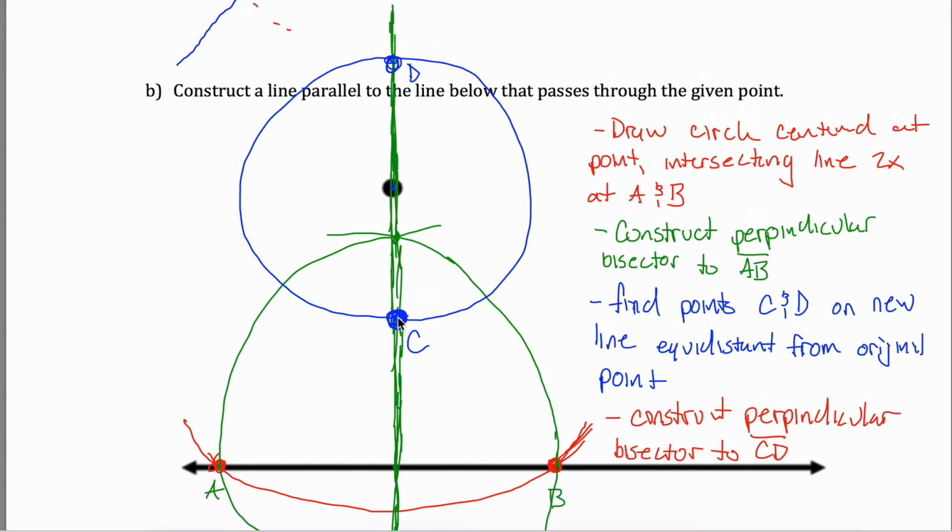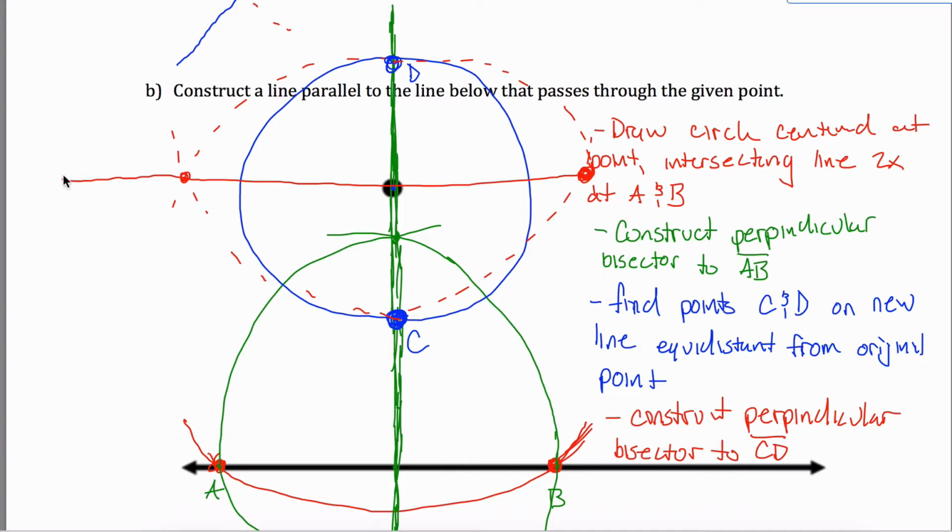The way I could do that is I could put the pointy end of my compass here and the drawing end here and sort of draw this circle that swings out like this and kind of swings out like this. And then I could switch. I could put the pointy end here and the drawing end here. Sort of draw this circle and this circle. And if I connect those points of intersection, what I end up with is this line that is parallel.